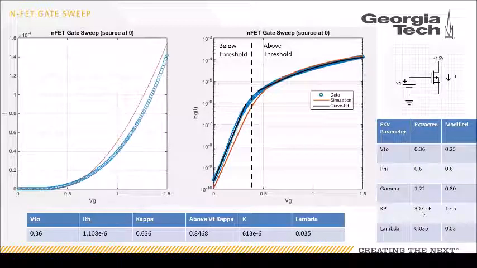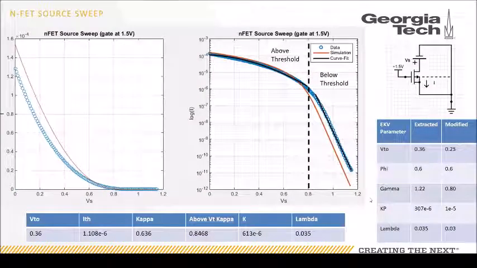We raise it by approximately a factor of 10, and then the current will fit well with the original data. And then for the source sweep, we get our table of parameters: the above threshold kappa based on the above threshold curve fits, and our K based on our below threshold curve fits.